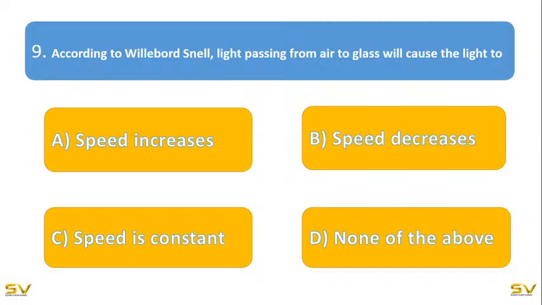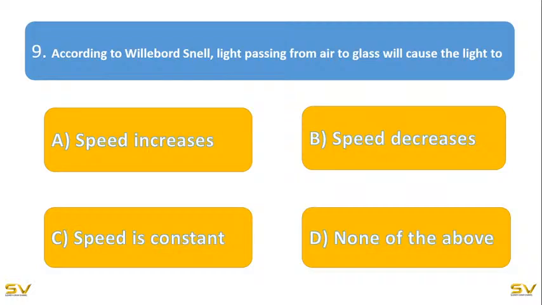So now the answer for the ninth question. Light passing from air to glass. If you know which medium, then definitely you will guess the answer. Speed increases, speed decreases, speed is constant, none of the above. So I got answers. Yes, good. So air is a rarer medium, glass is a denser medium.